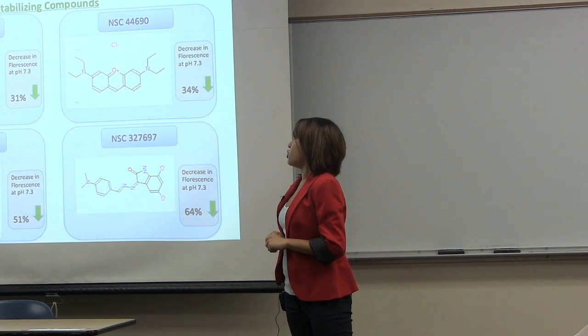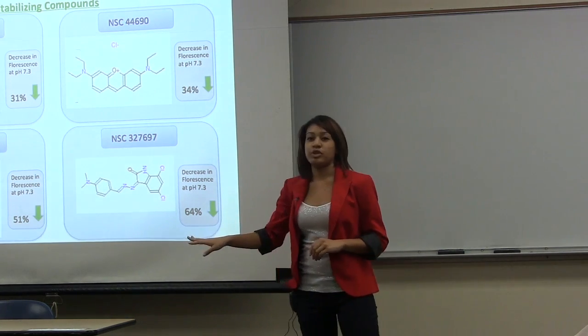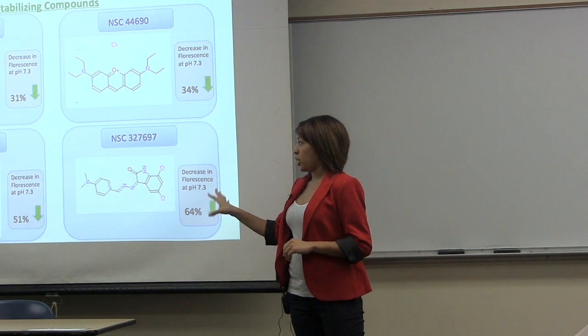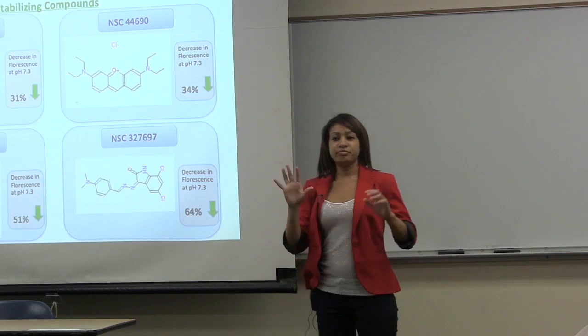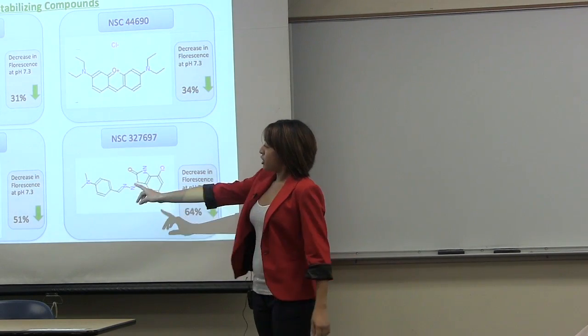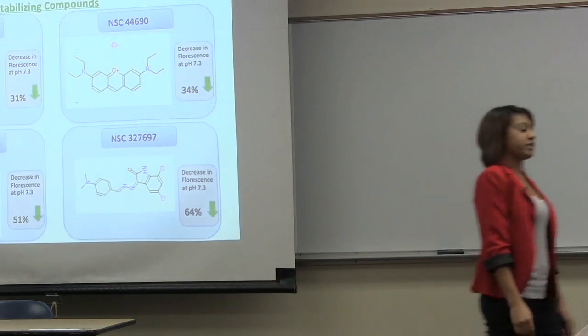What we were looking for were decreases or increases in fluorescence that were over 50%. This shows that the drug is directly interacting with the i-motif, and it's decreasing the fluorescence. And these are just the fancy ones.